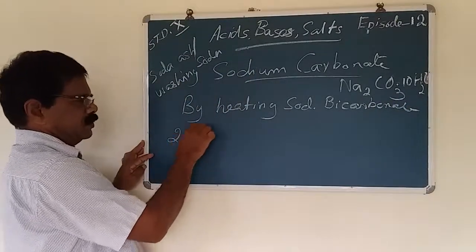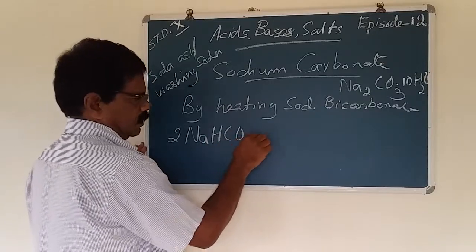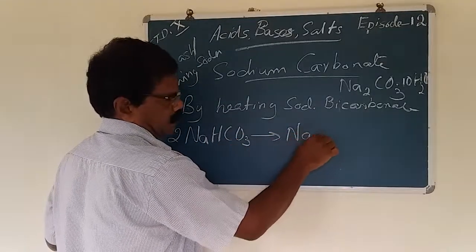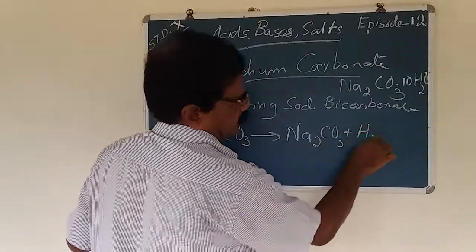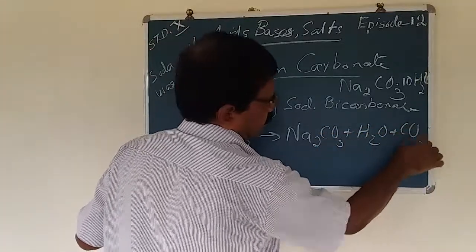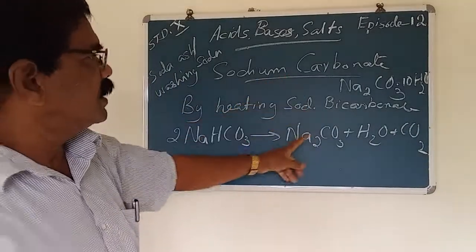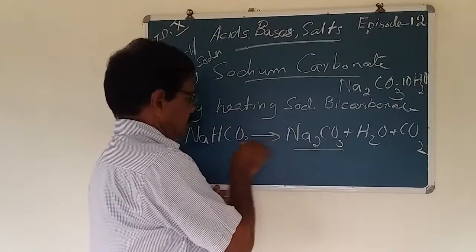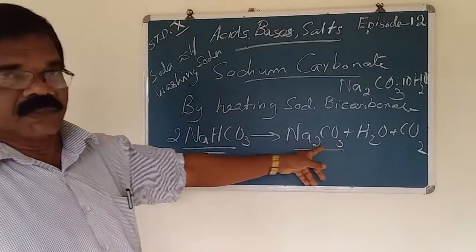That is, 2NaHCO3 gives Na2CO3 plus H2O plus CO2. When heating sodium bicarbonate, we get sodium carbonate, Na2CO3.